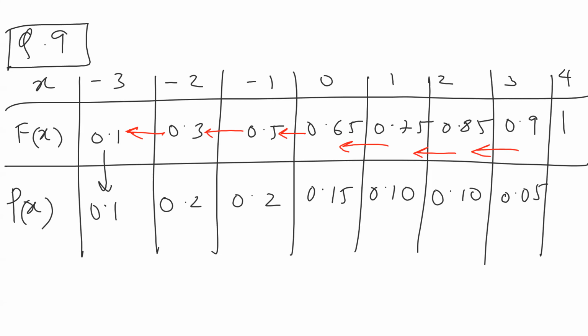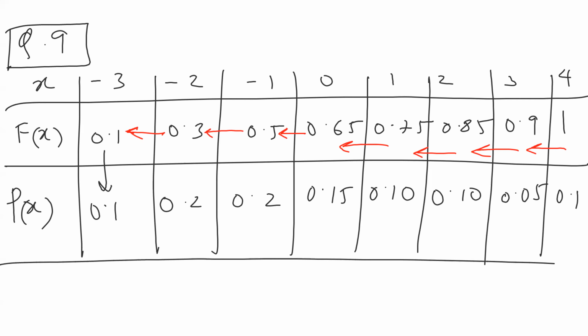Don't commit any silly mistakes. And 1 minus 0.9 is 0.1. So this is P of x, right?